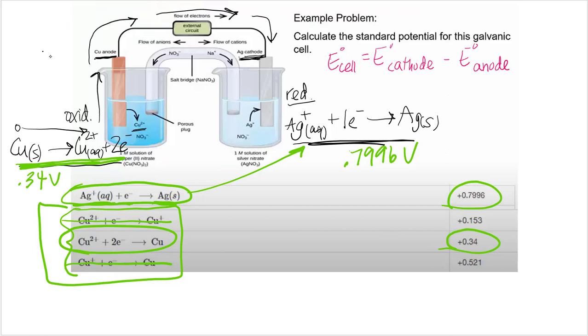And remember, we can remember which one goes first: it's cathode minus anode, because my whole total cell and cathode, the C's are right next to each other. So those C's, cathode is minus anode. So let's take that cathode, this reduction, minus our oxidation.